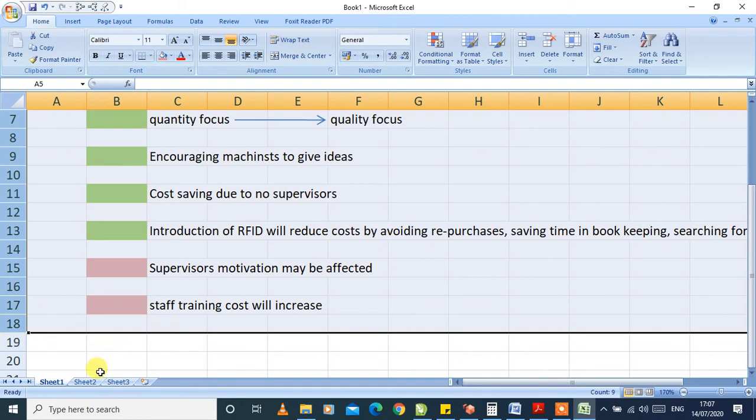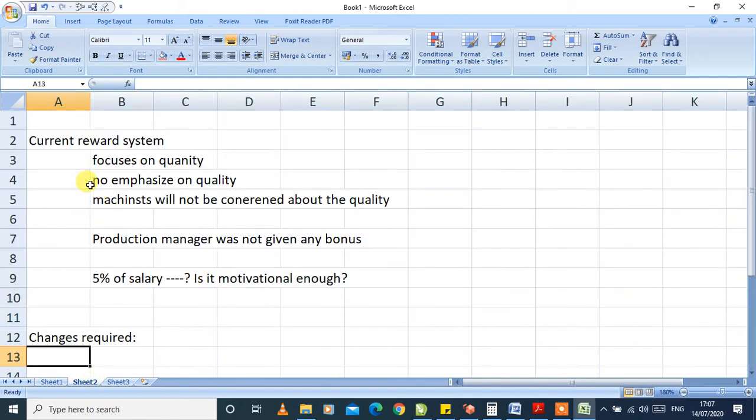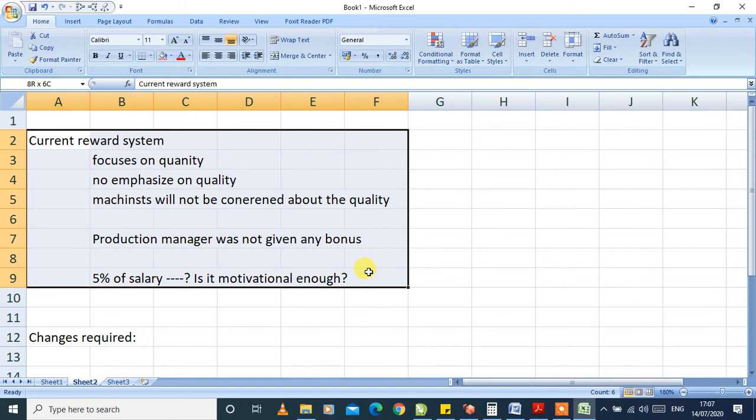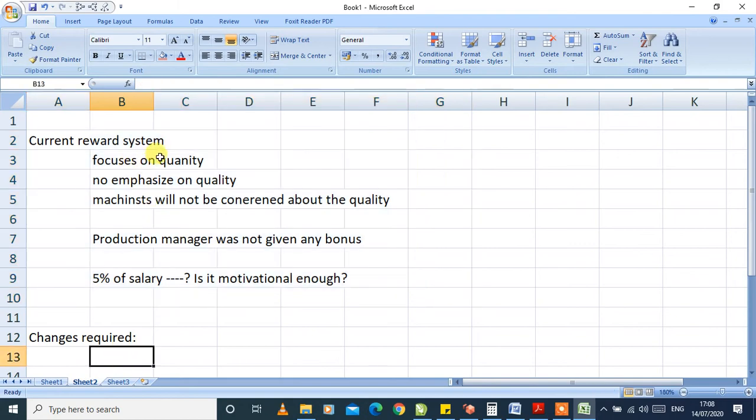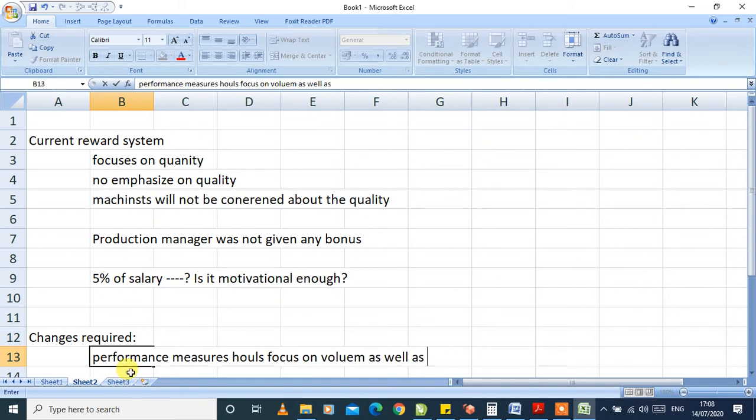Cool. So for this one also, current reward system, anybody reading this with a bit of common sense in performance would understand these are problems. So what changes are you suggesting? First one, we said it focuses on quantity and it doesn't focus on quality. So you are simply going to say the reward system or the performance measurement system, performance measures should focus on volume as well as quality.